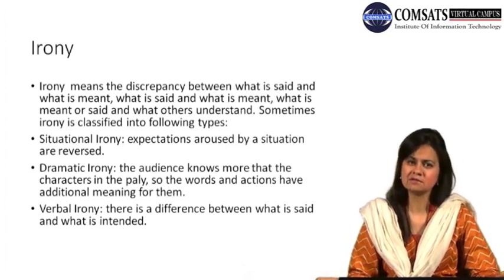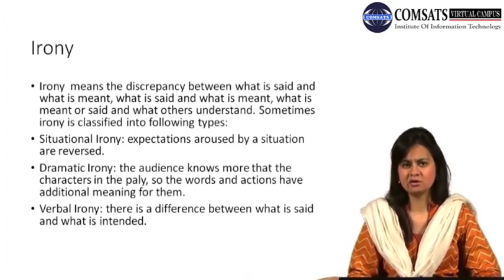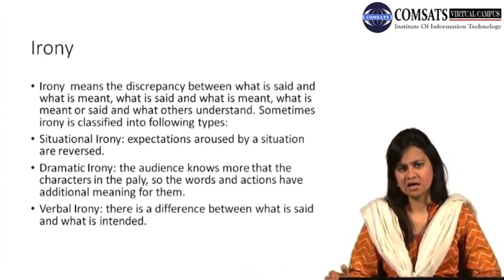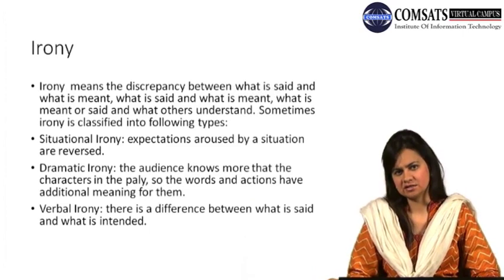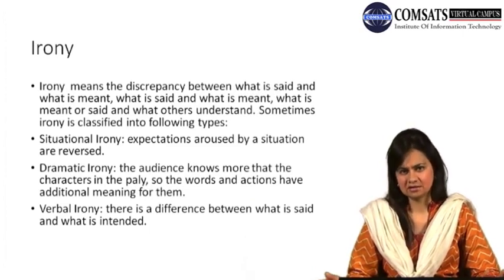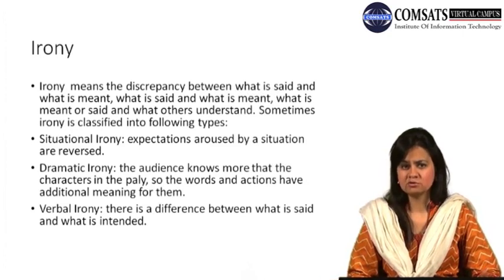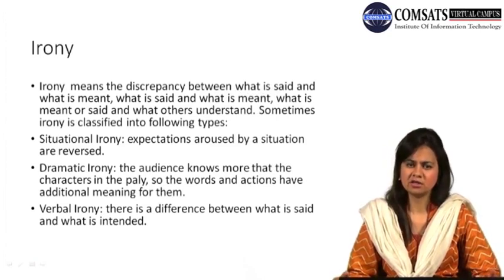So these are examples of dramatic irony, where the audience or the reader knows the reality and a character is blind, unaware of the reality. Dramatic irony is a very significant tool for creating interest and readers' curiosity for the play or the novel.